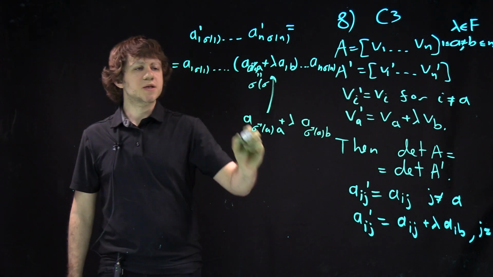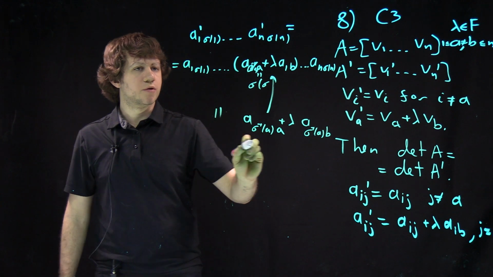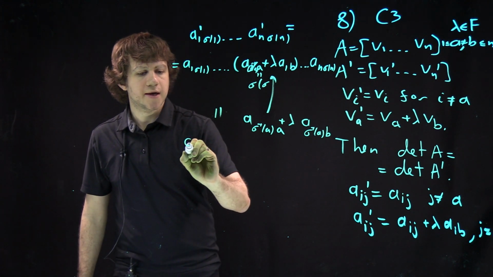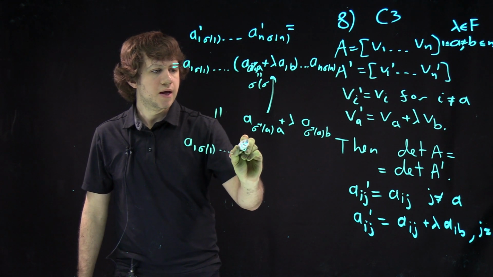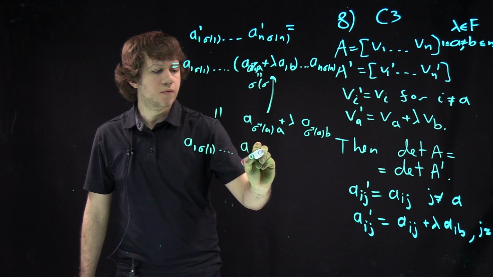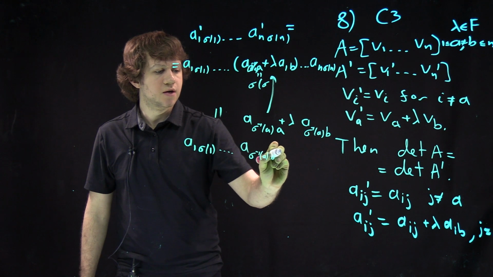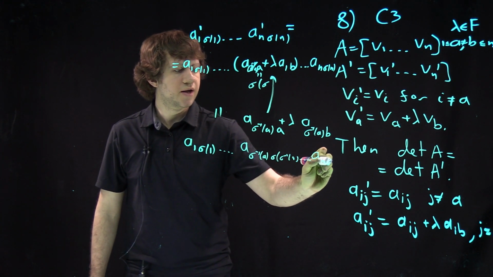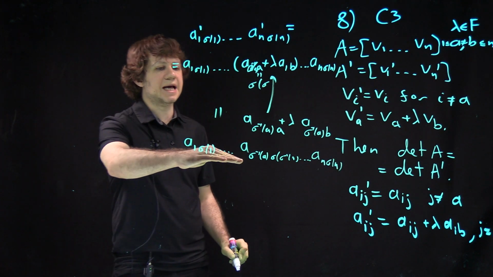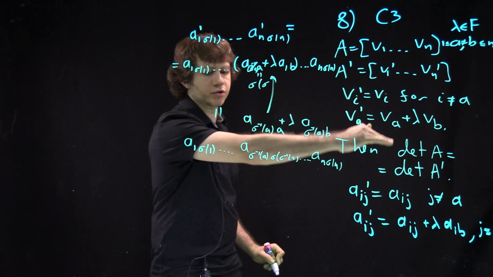Okay, so this we can expand as a sum of two terms. One of them is A1 sigma of 1 to A sigma inverse of a, sigma of sigma inverse of a, to An sigma of n, and this is of course exactly the term as in the usual determinant.